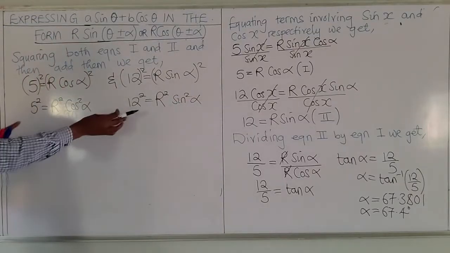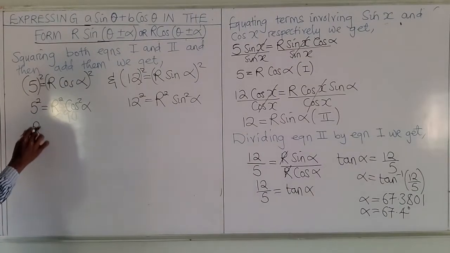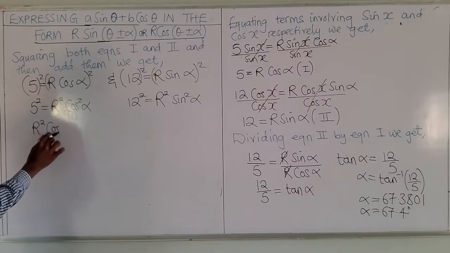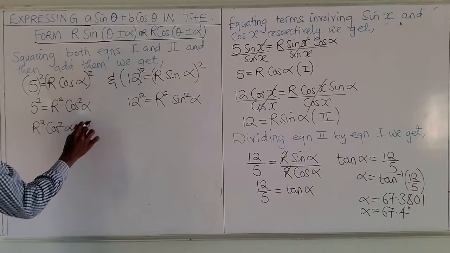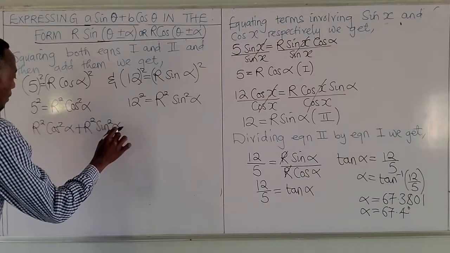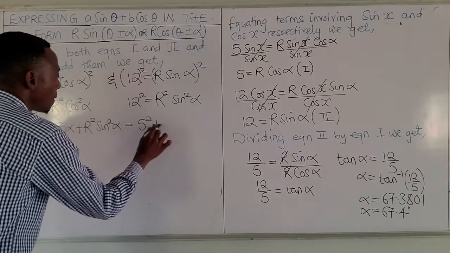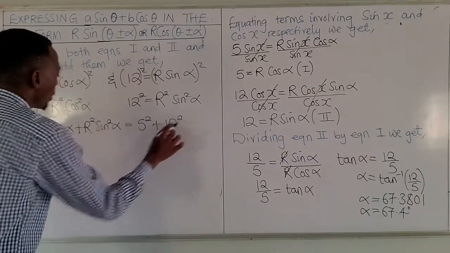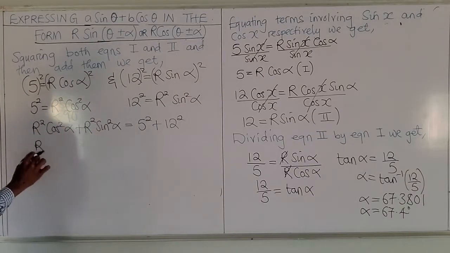So now we have to add the equations. What we are going to do is r squared cos squared alpha plus r squared sine squared alpha. This must be equal to 5 squared plus 12 squared. Now we factor out this r squared.